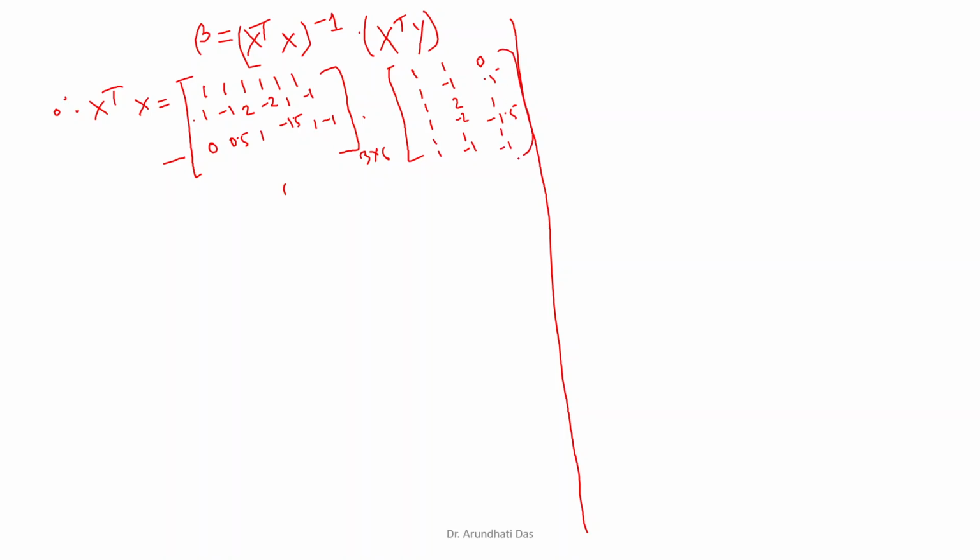What will be the size of this matrix? It is 6 by 3. So these two are multiplication compatible, right? And the final matrix will be of size 3 by 3.